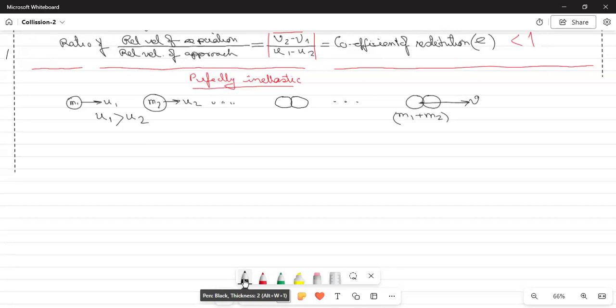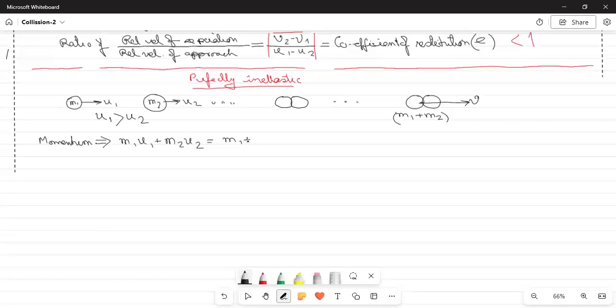In this case, considering the momentum, what do you get? M1 U1 plus M2 U2 is equal to, after collision, this is a combined mass M1 plus M2 and its velocity is v.